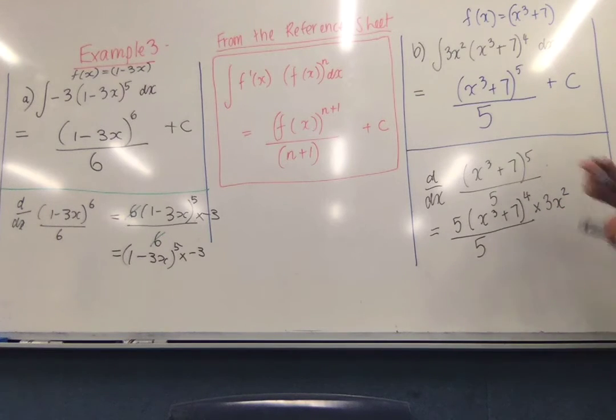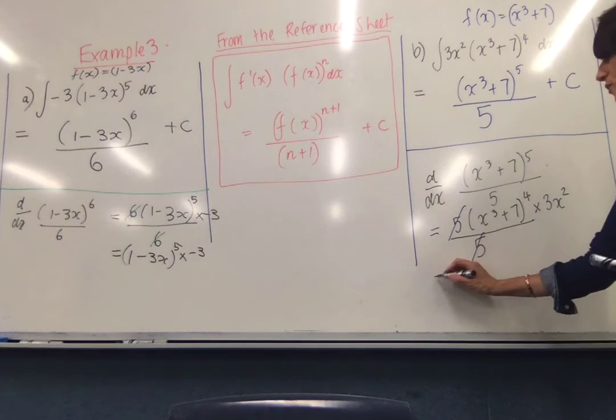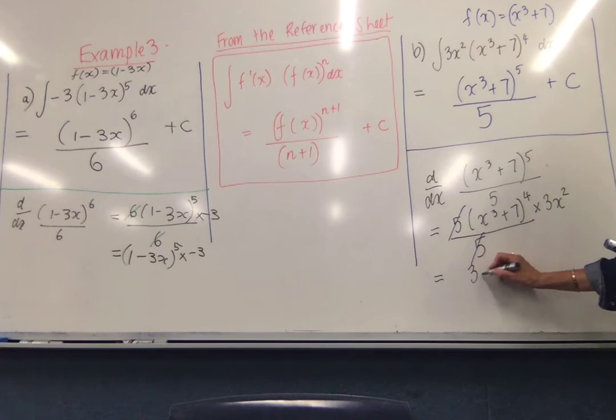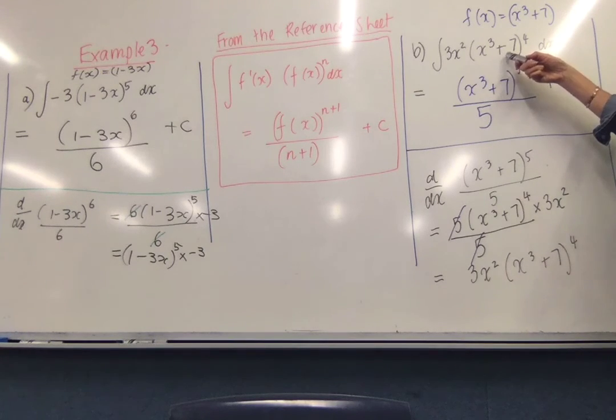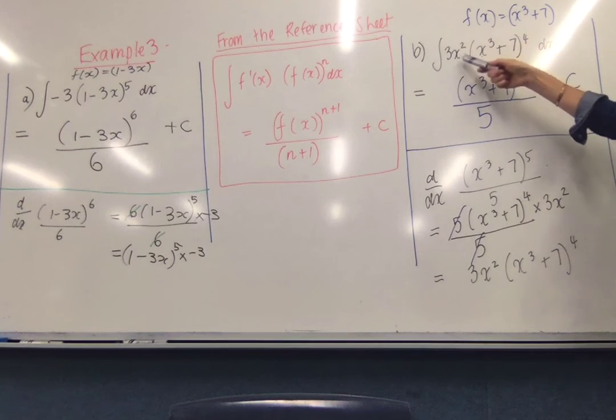Now you'll notice that these 5's will cancel, and then our final result will therefore be 3x squared outside x cubed plus 7 to the power of 4, which is our original result that we started with integrating back here.